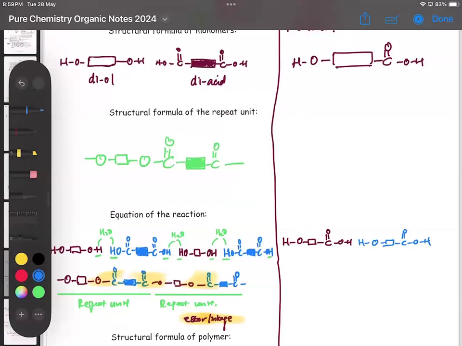So I don't draw two more, because no point, they are the same. So what happens is the same thing. The alcohol side will drop the H. This one will drop the OH, drop the H, drop the OH. Form water, you see, exactly the same. So at the end of the day, your structure will look like this.